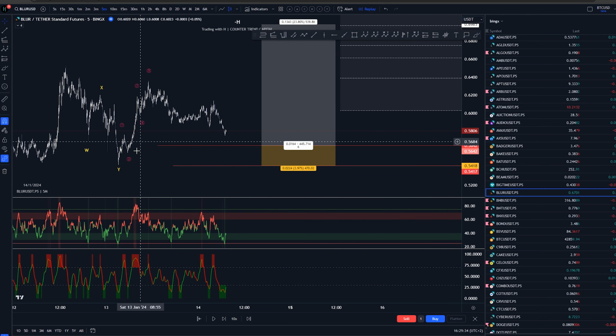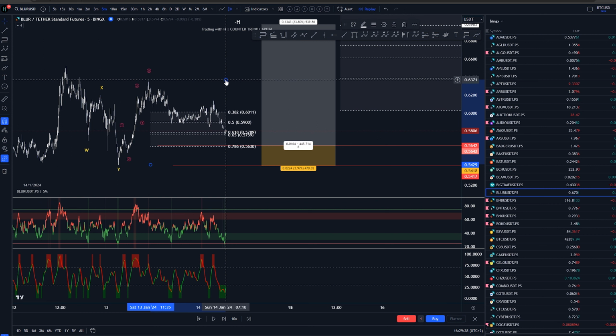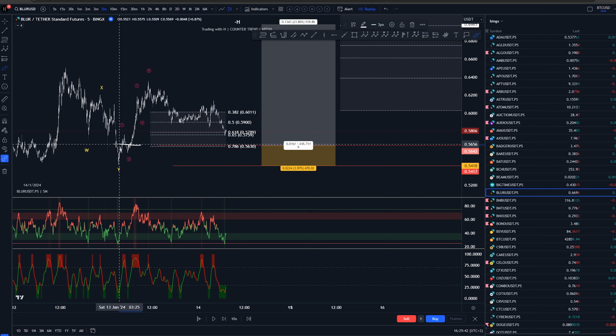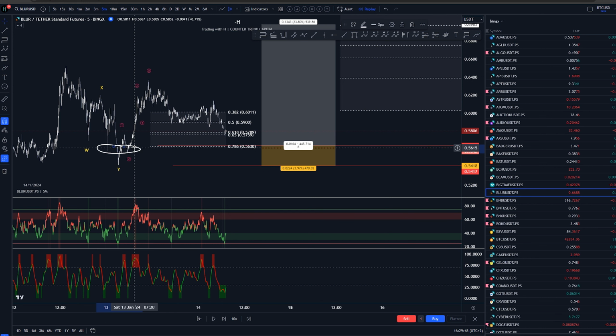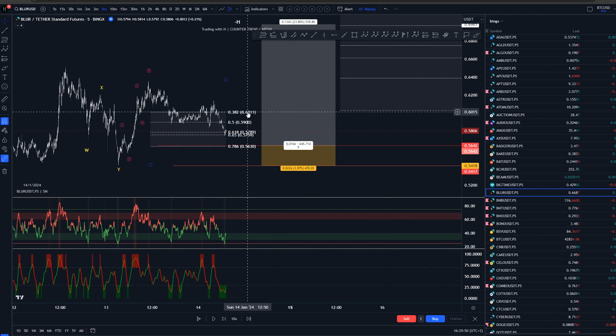Afterwards we were looking for a retracement to around that 786 retracement area. We had some strong consolidation previously here as well, offering some kind of support, an interesting area to take longs from, and that is exactly what we did.